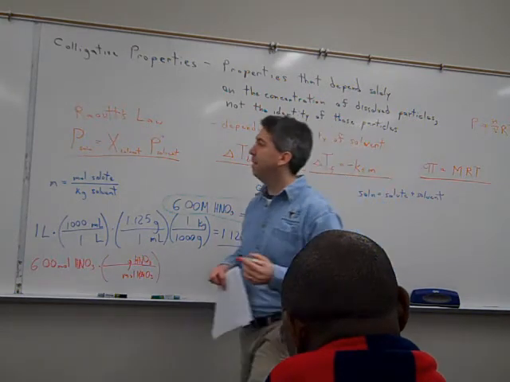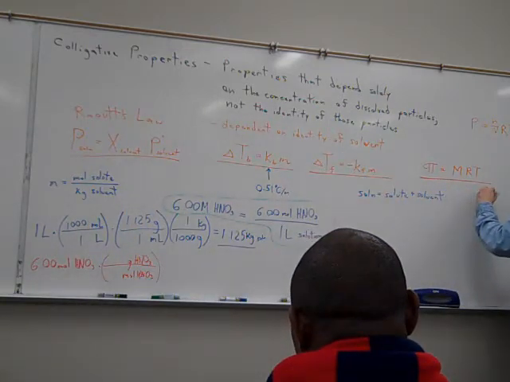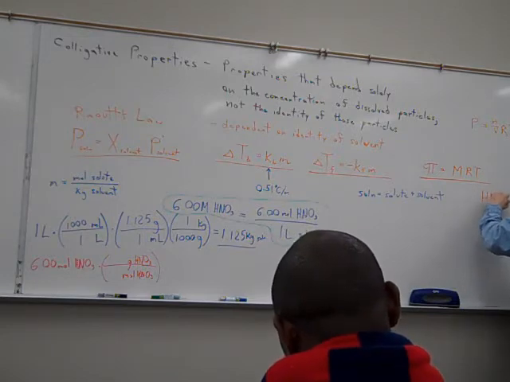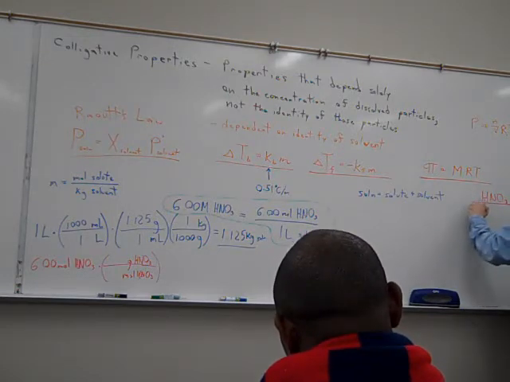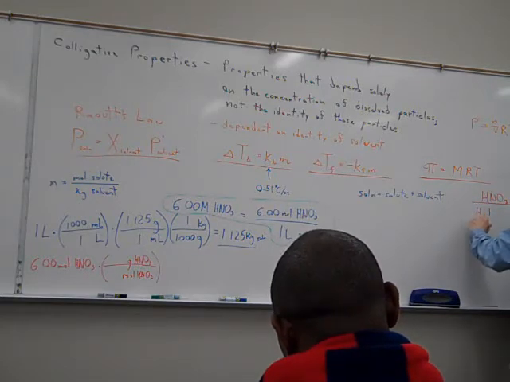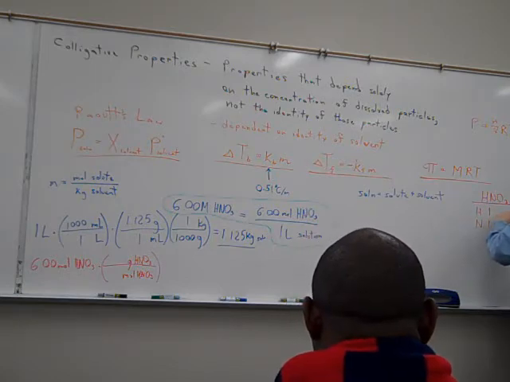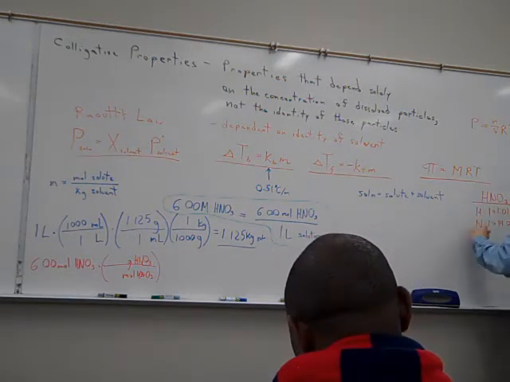The molar mass. So, HNO3, I need the molar mass. All that stuff in Gen Chem that you thought you wouldn't have to use again, it's coming back. So 14.01 for nitrogen, 1.01 for hydrogen.